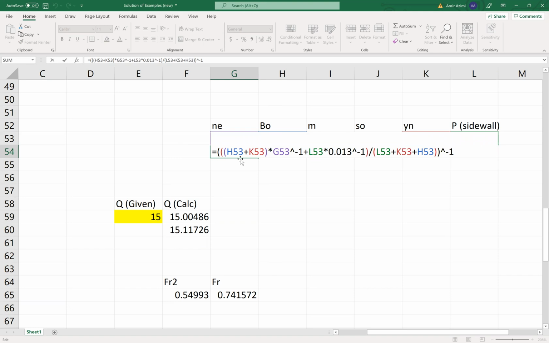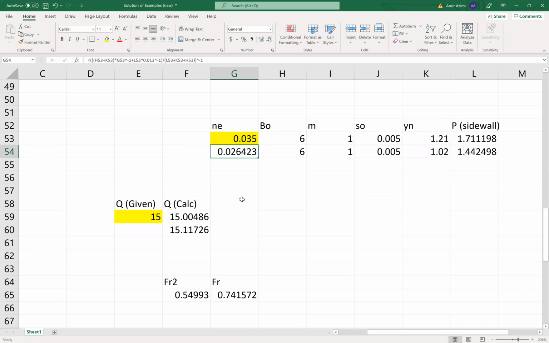Here from the Felkel equation, I have the wetted perimeter of the bottom width multiplied by the Manning constant of the rock cut, plus the sidewall perimeter multiplied by the Manning value of concrete, divided by the total wetted perimeter. So now I find the equivalent Manning constant.